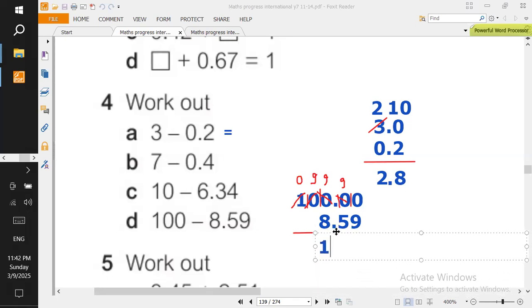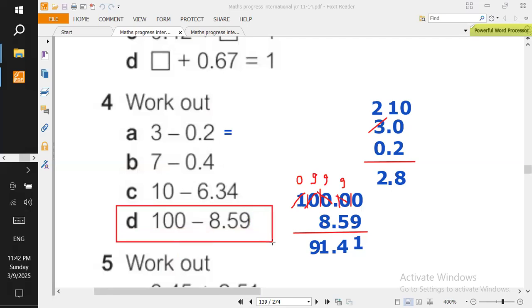And then 9 goes down like this. So the final answer will be 91.41. Okay. That's the final answer for subtracting question D. Now let's move on to the next question.